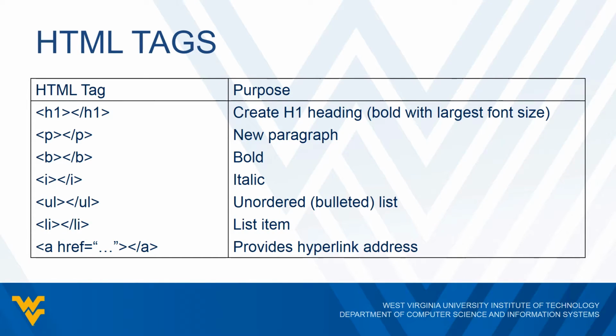And then finally, the A tag, which stands for anchor, would provide the hyperlink address. So the beginning tag would have A and then href equals, and then in quotes, we would have the link that we want to go to, the URL. And then between the tags, we would put whatever text we want that could actually be clickable on the web page, and then we would just end it with the /A.